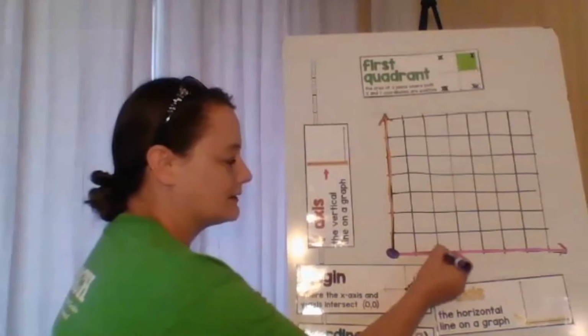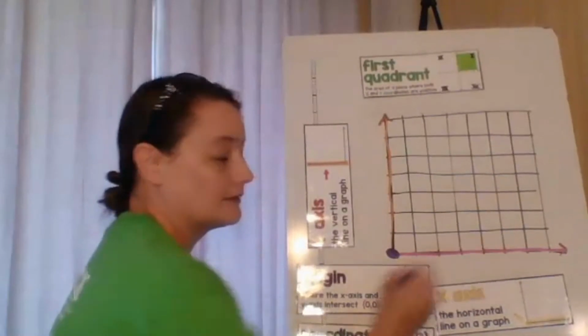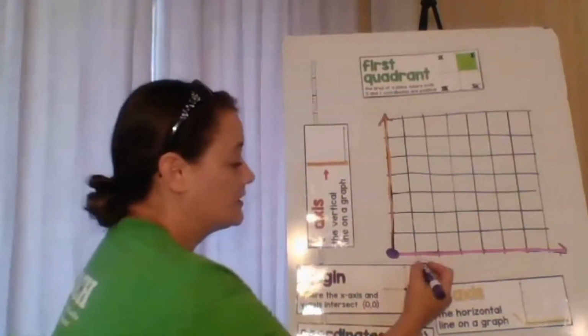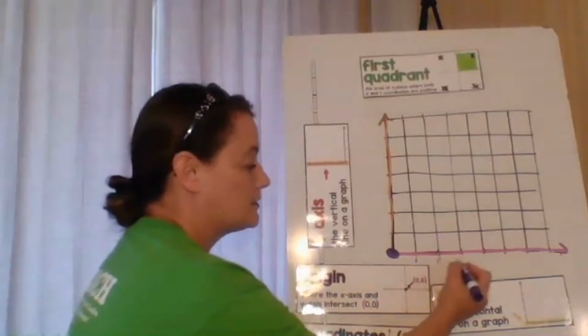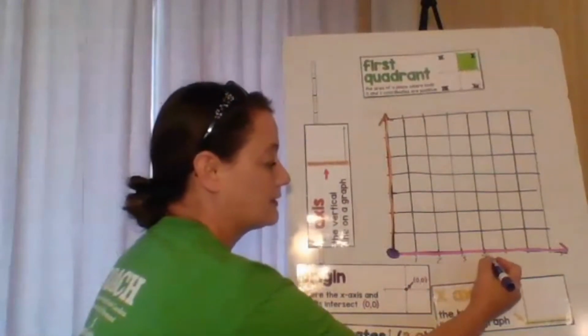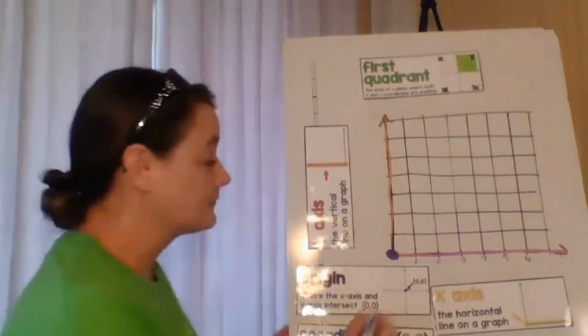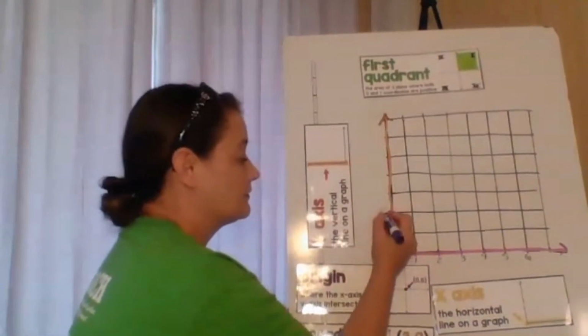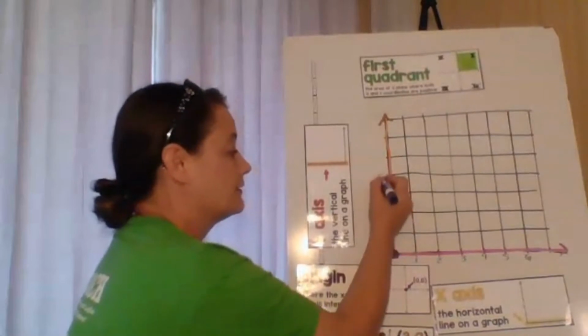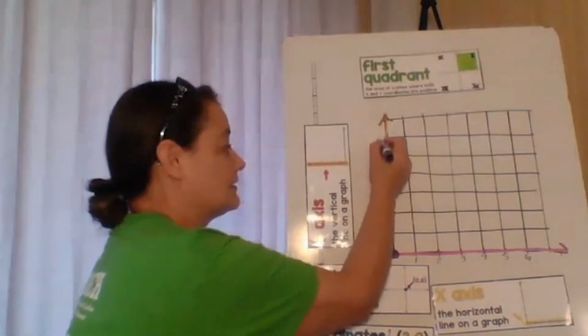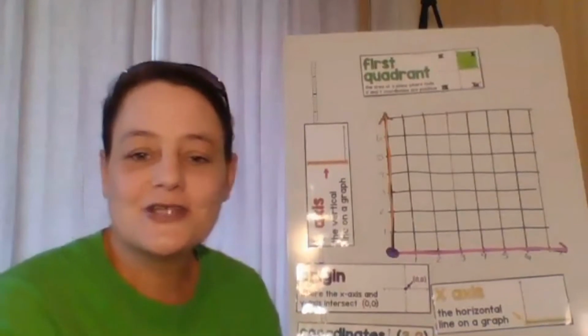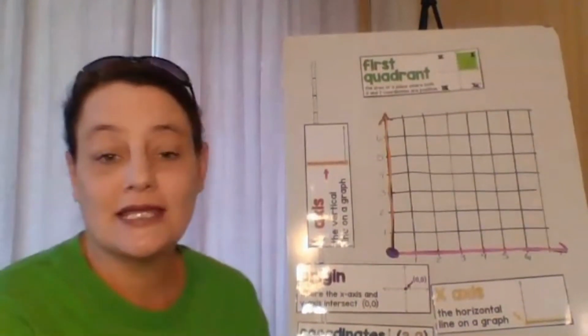Each line is 1, okay? So this would be 1, 2, 3, 4, 5, 6. And the same going up. 1, 2, 3, 4, 5, 6. Okay? So our coordinates are 3, 2.